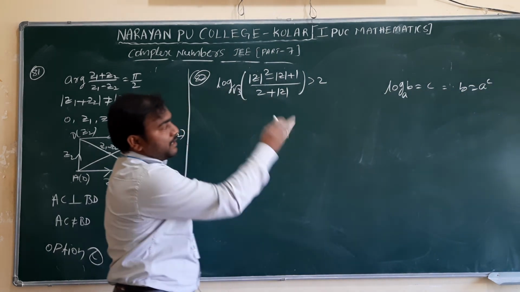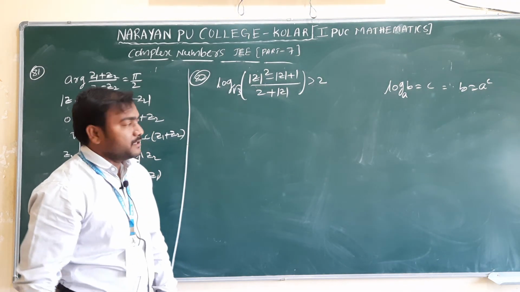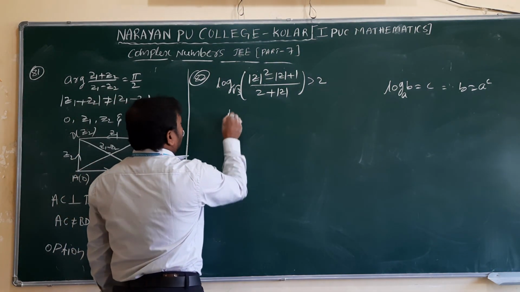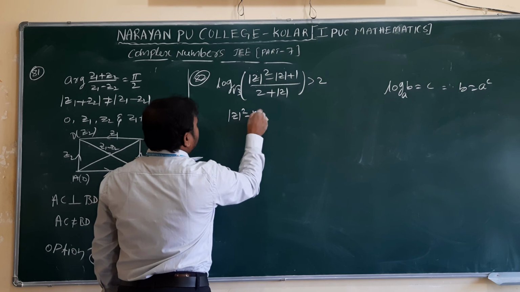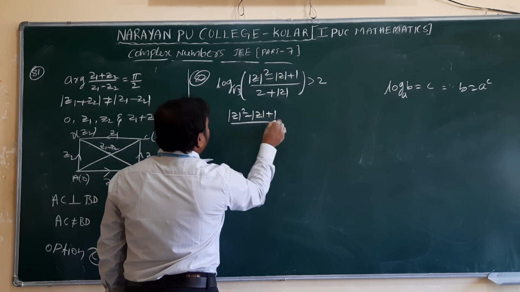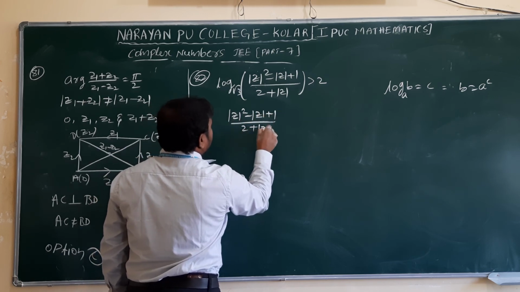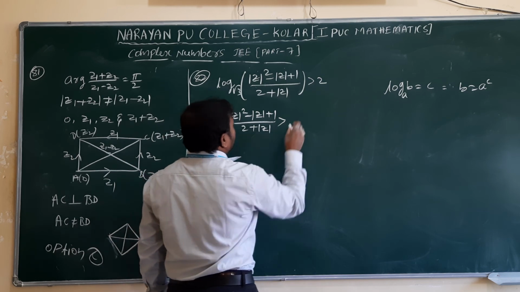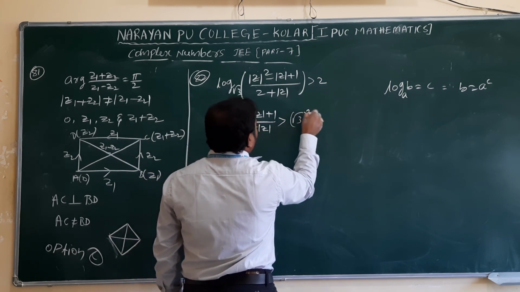Applying that formula, it can be written as (modulus of z whole square minus modulus of z plus 1) divided by (2 plus modulus of z) is greater than root 3 whole square.